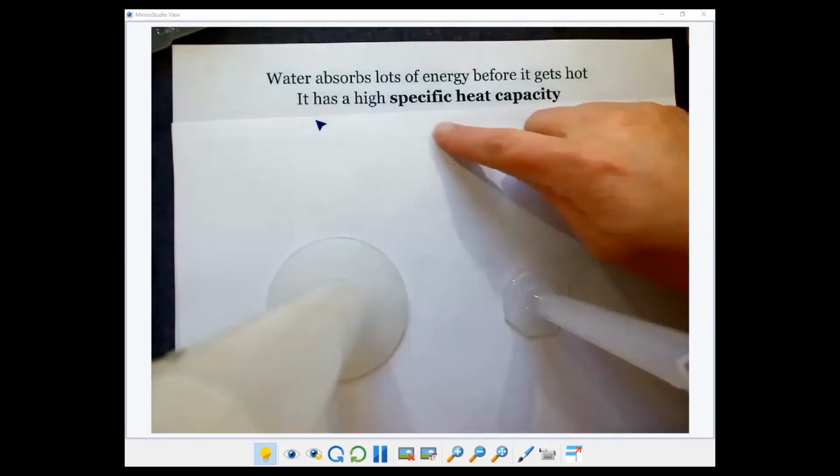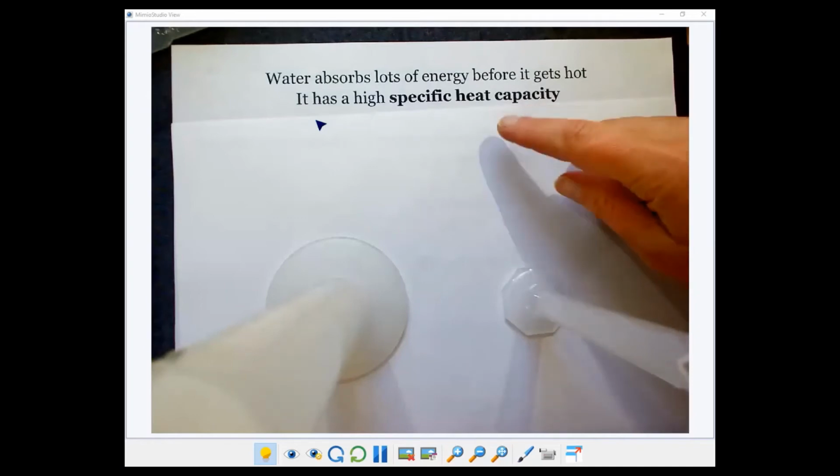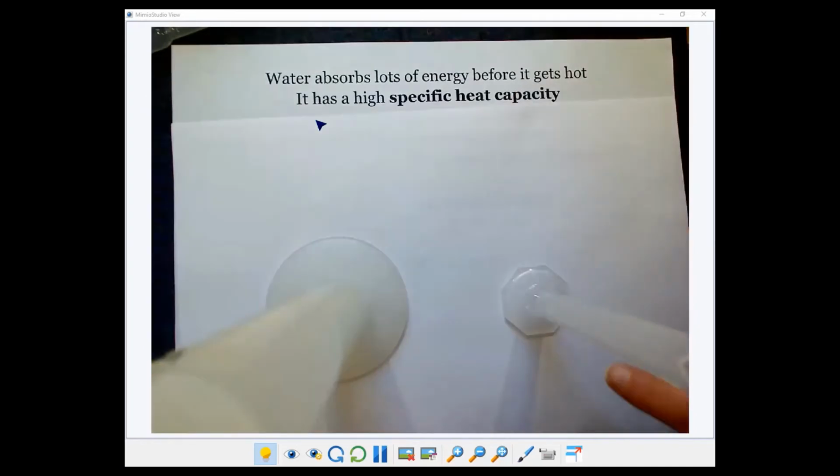You can put a lot of energy in it before the temperature goes up very much. So it has a high specific heat capacity. That's what it means. Specific heat capacity just means how much energy can you put into it before it goes up. And let me just show you what that looks like.